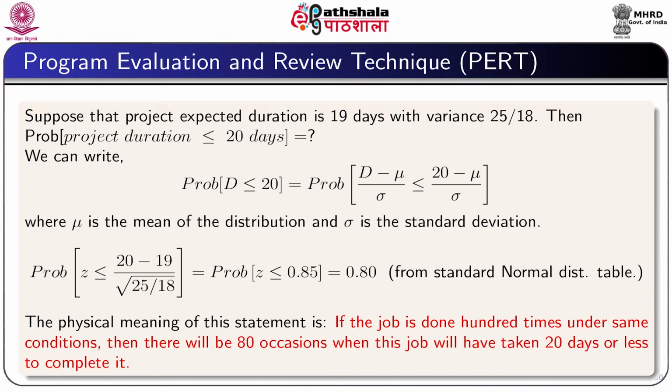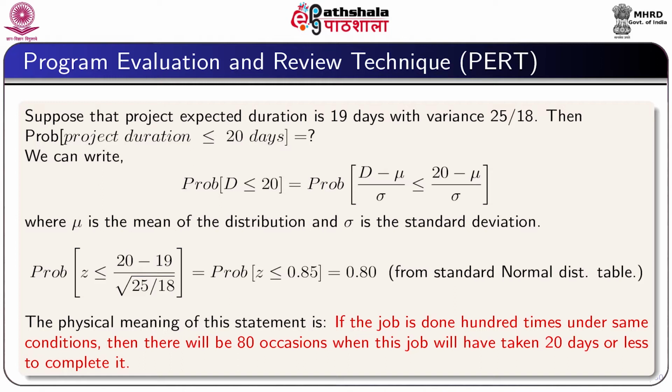Suppose that the project expected duration is 19 days with variance 25 by 18. Then our problem is to find the probability that the project duration would be less than or equal to 20 days.